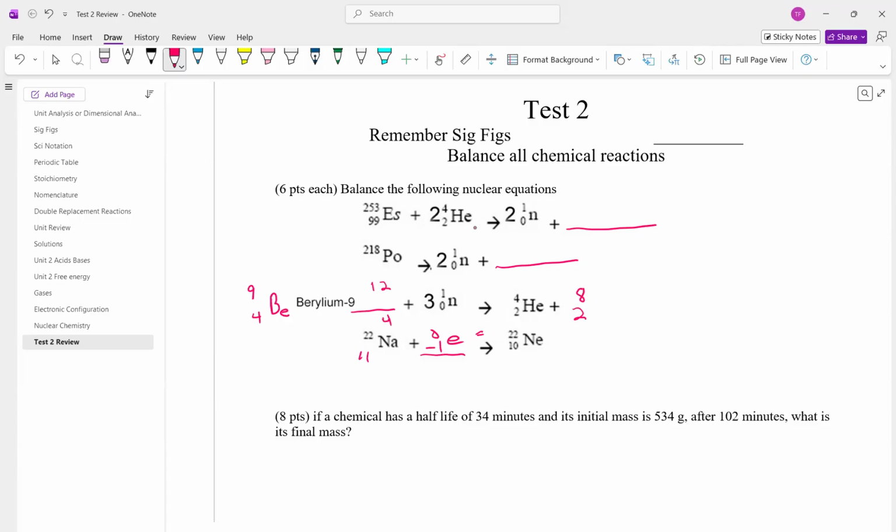So instead of 8 over 2, we can go 2 4 over 1s, which is an alpha particle.